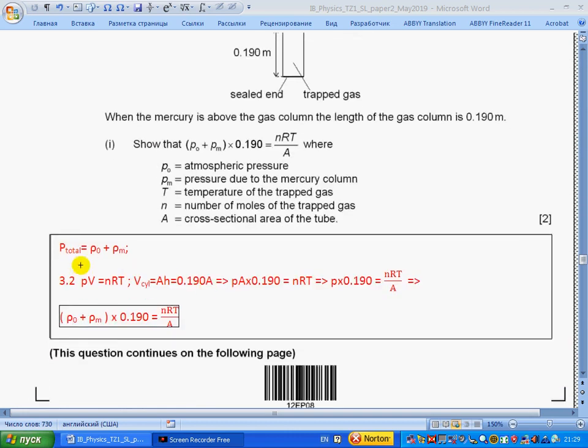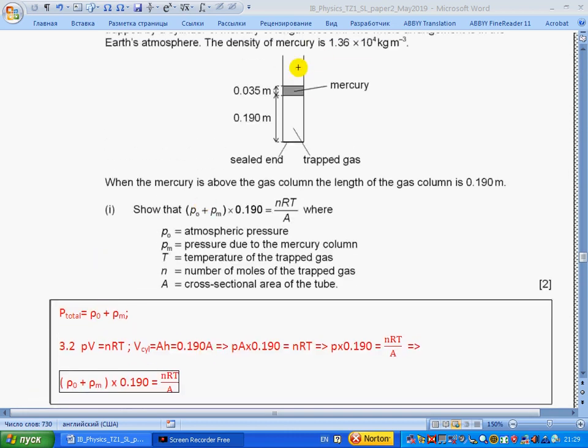So first of all, total pressure is atmospheric pressure plus the pressure of this mercury. Section 3.2 gives us the ideal gas equation, PV equals nRT. V equals the volume of the cylinder, area times height. So height is 0.190. We substitute it into the ideal gas equation, and then we put in the total pressure expression, and we get what they require.